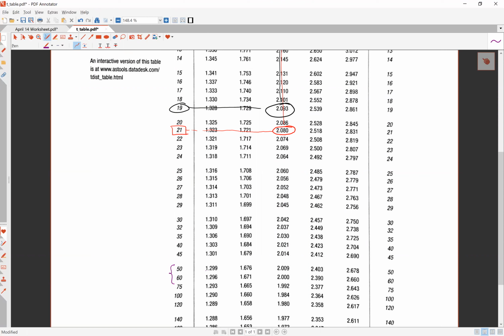But look at how close those values are to one another. You can run through the column, and as you go down, you'll see the values keep on decreasing, consistently decreasing. And when we go from 50 to 60 degrees of freedom, they only decrease from 1.299 to 1.296. So those are very close to one another.